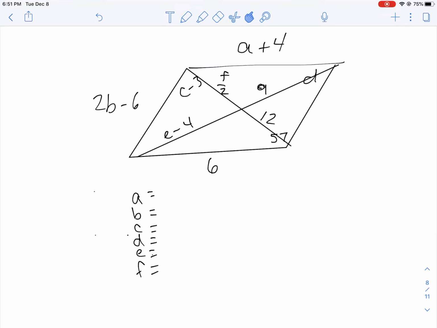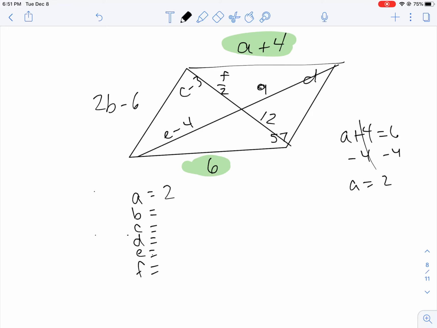And ooh, now we've got a little bit of everything here. Well, let's just go through it. I know that these have to be equal because they're opposite sides, and opposite sides are equal. So I get A is 2.